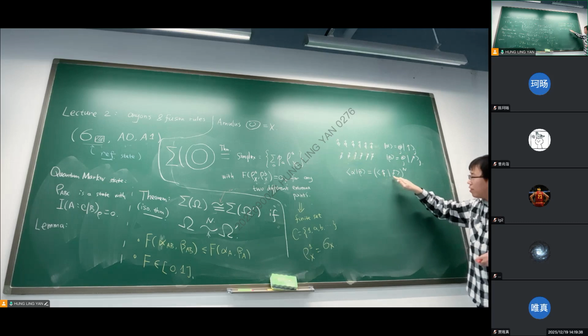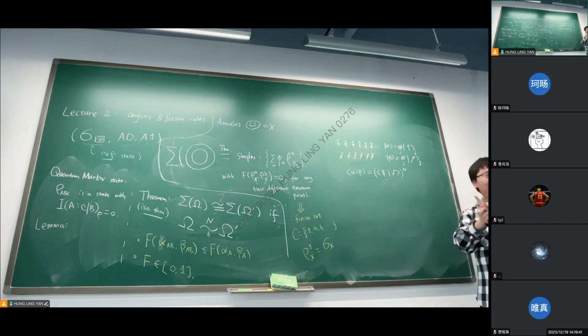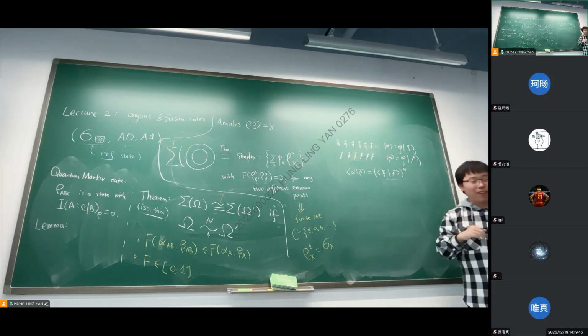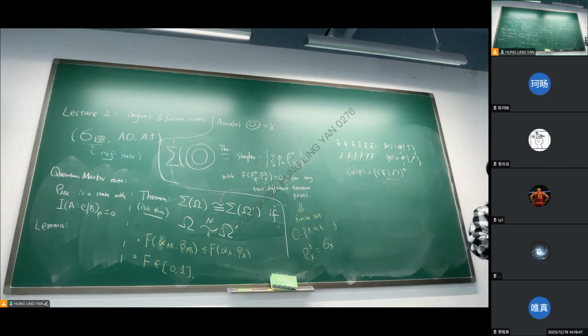Even if we rotate the spin only a little bit, such that this number is very close to 1, slightly smaller than 1, when we increase the number of spins, the overlap becomes smaller and smaller, and will go to 0 in the large n limit.